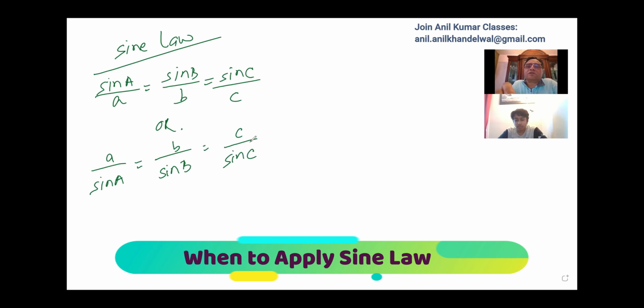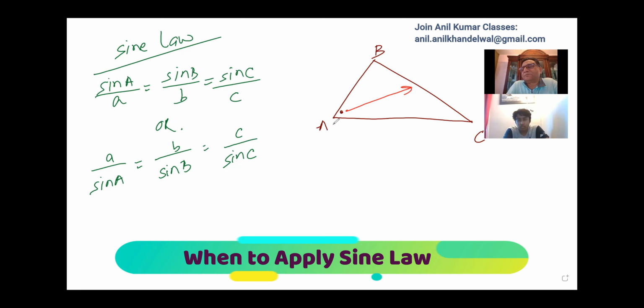Now, to solve a triangle using this ratio, let me sketch one triangle here, let's say ABC. What is necessary is to have one combination of angle and opposite side. Only then can the triangle be solved.